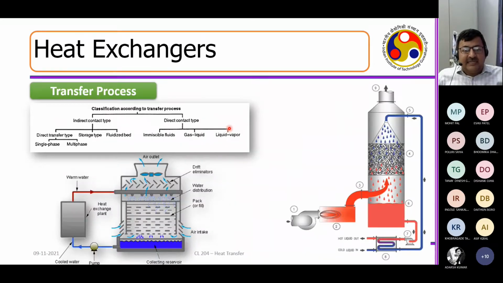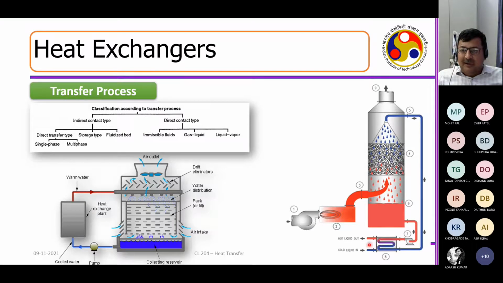Here you may see this is another type of heat exchanger where different types of transfer process take place. Take this one, called the direct contact. What is happening here? Suppose you are doing some sort of coal combustion with hot flue gas coming, right?